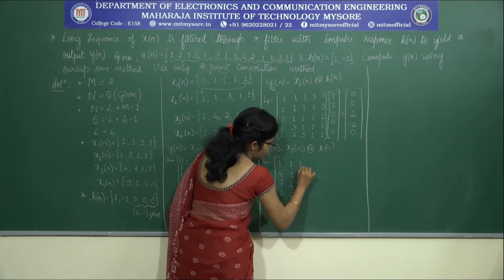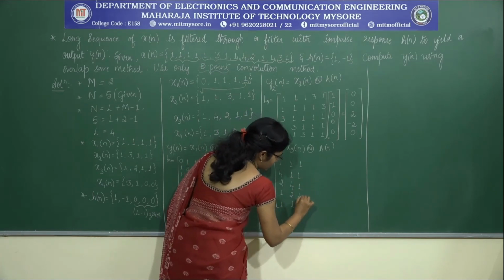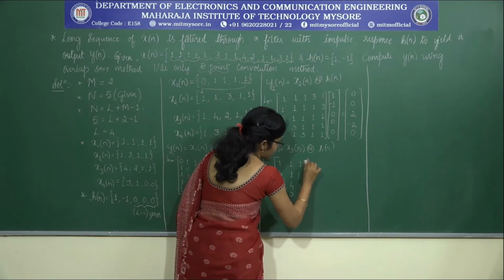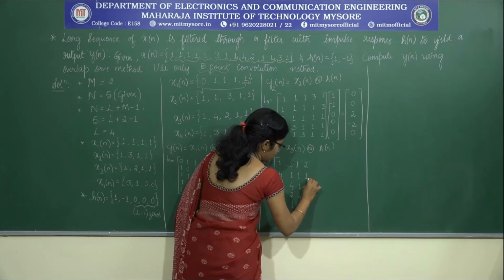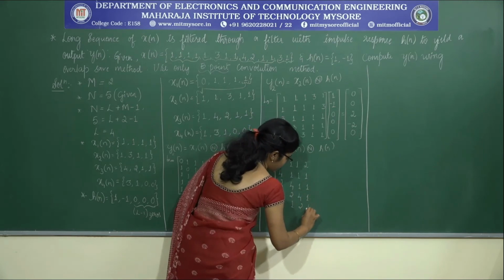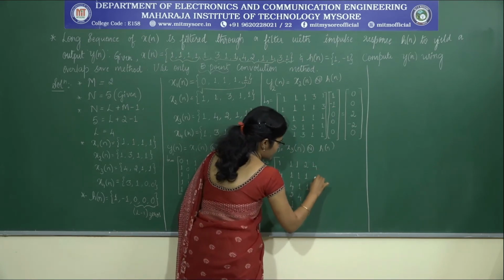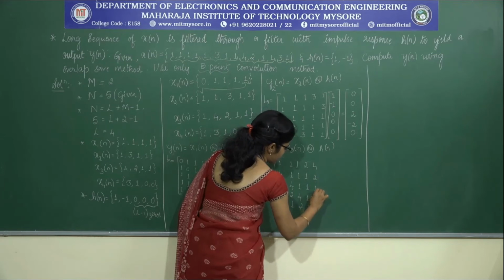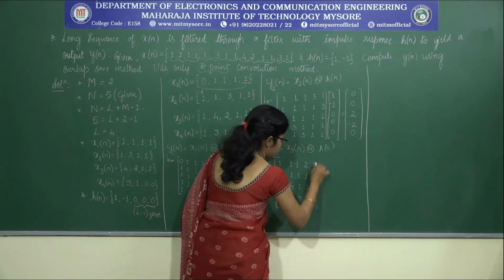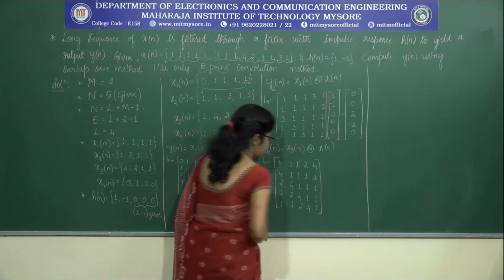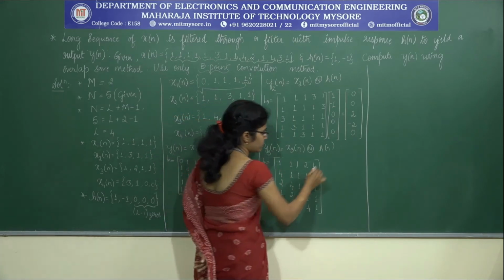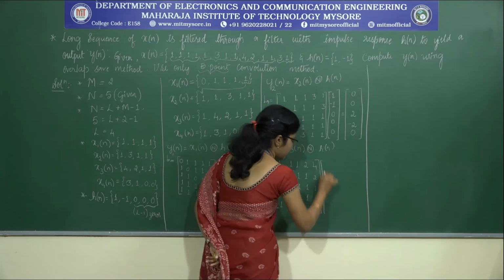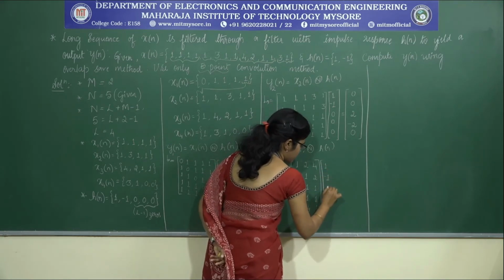Make this as first element. 1, 1, 1, 4, 2. Make it as first element. 2, 1, 1, 1, 4. Again it becomes 4, 2, 1, 1, 1. Okay. So this one should be here, it is here. Okay. Now what I need to do? I need to take h of n, which is 1 minus 1, 0, 0, 0.